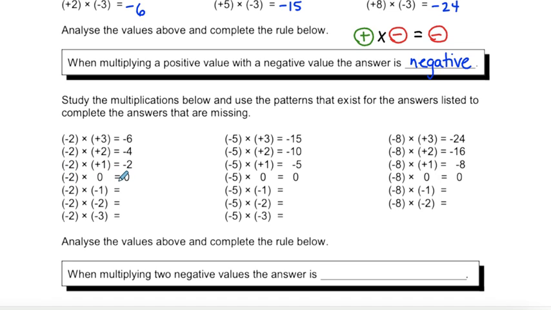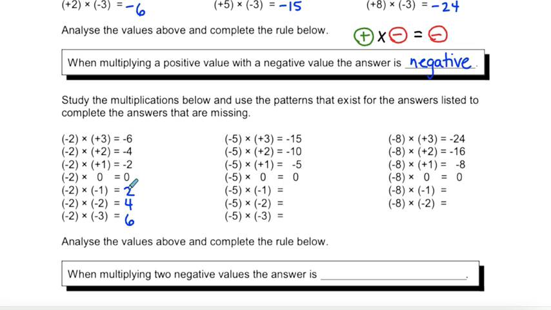Now what happens if I multiply two negative numbers together? -2 times -1, if I calculate that using my calculator, I get +2. Or I'm just going to write it as 2. -2 times -2 will give us +4. And -2 times -3 gives us +6.